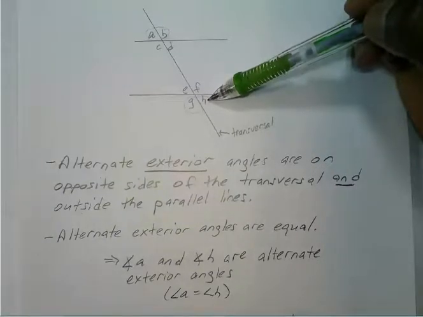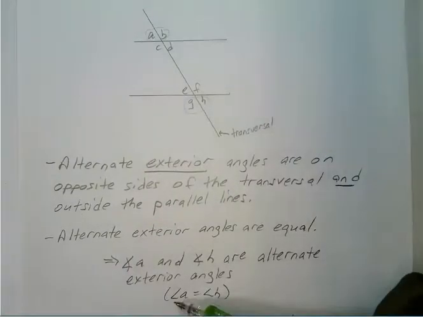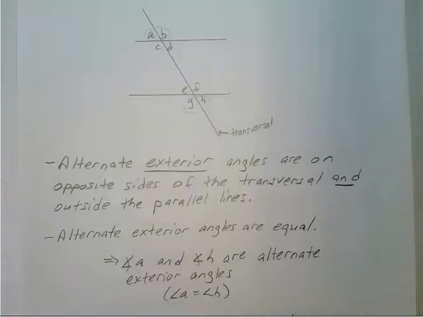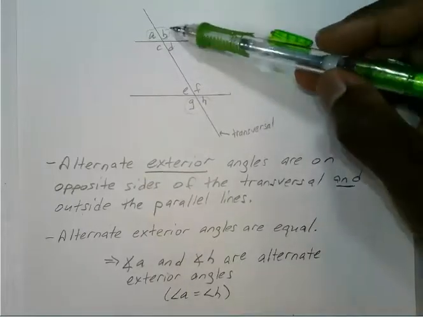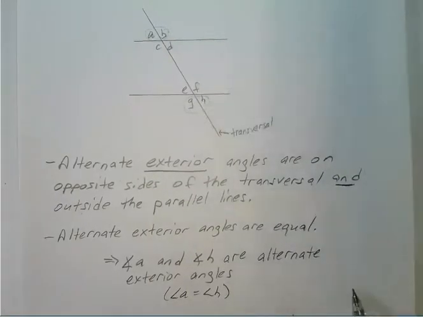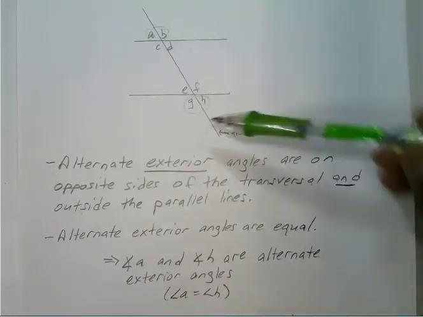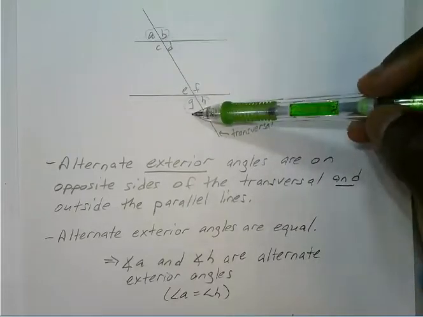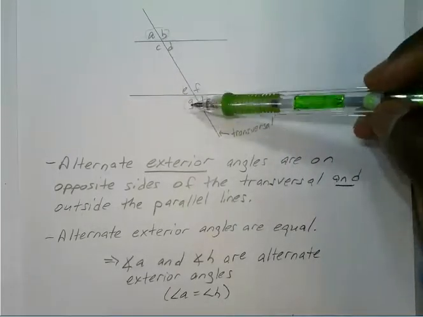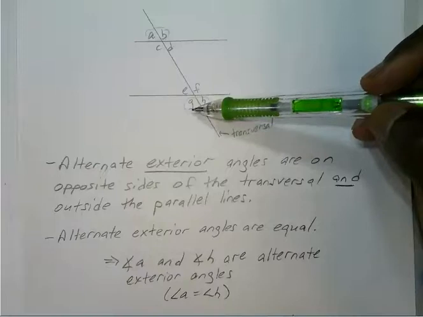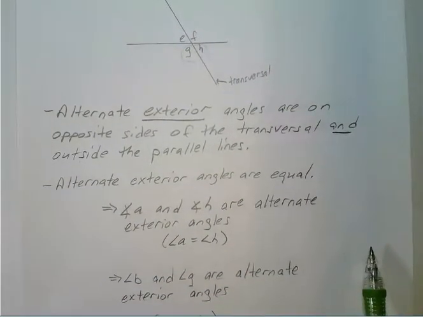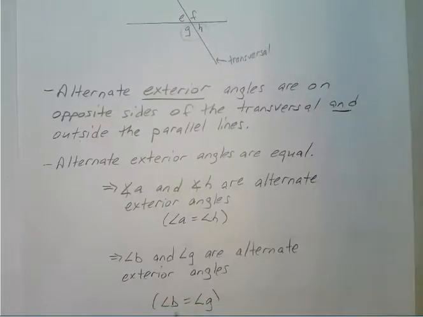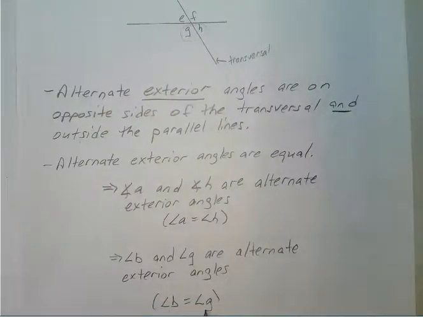So they're alternate exterior angles, which means that angle A is equal to angle H. Same thing with angle B and angle G. They're on the outside of the parallel lines and opposite sides of the transversal. So angle B and angle G are alternate exterior angles, and angle B is equal to angle G.